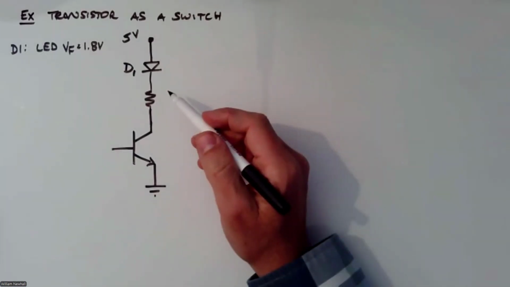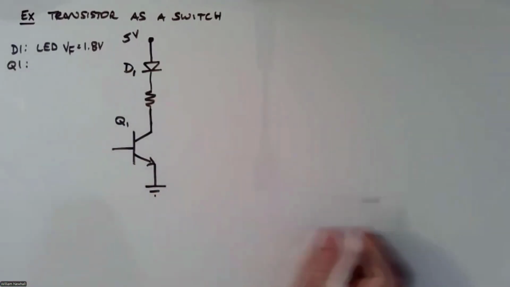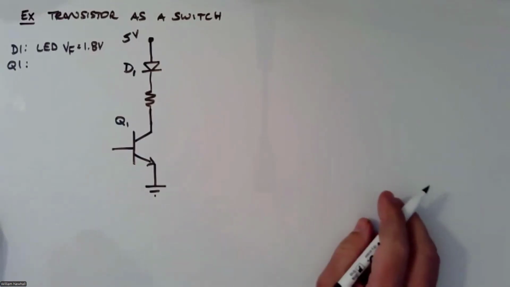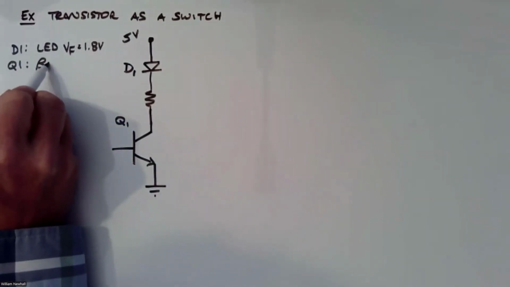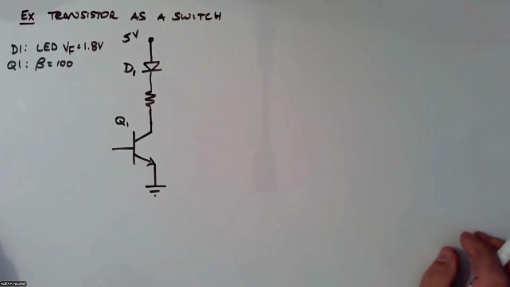Okay, let's suppose this transistor, this is going to be transistor Q1. So Q1 is a silicon transistor, and let's suppose it has a beta value of 100, just to make the math simple. It's around a typical value.